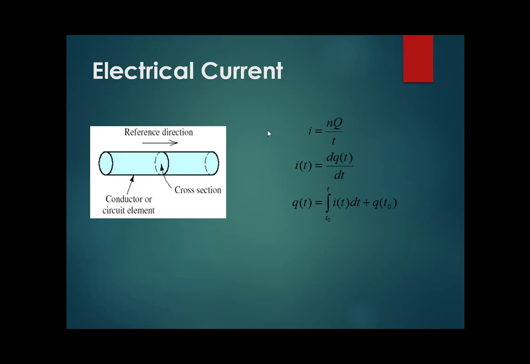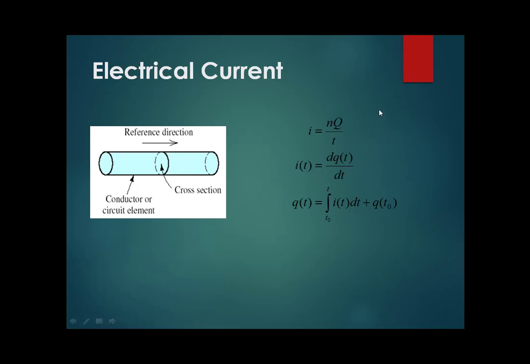If we want to calculate how much charge, we can integrate it. When we integrate with limits from t naught to t, we get how much charge flows through a conductor. On the left side you see a conductor with some circuit element, its cross section area, and its reference direction.